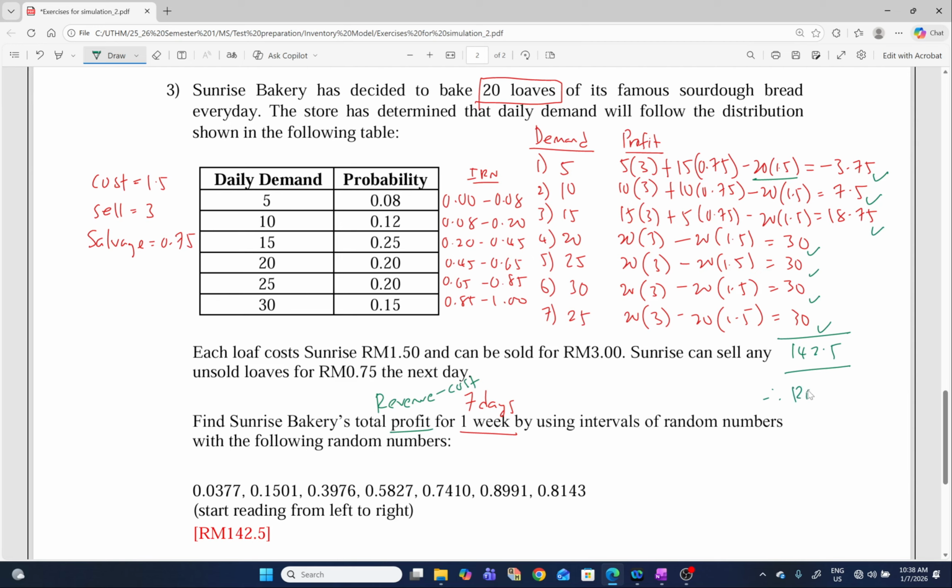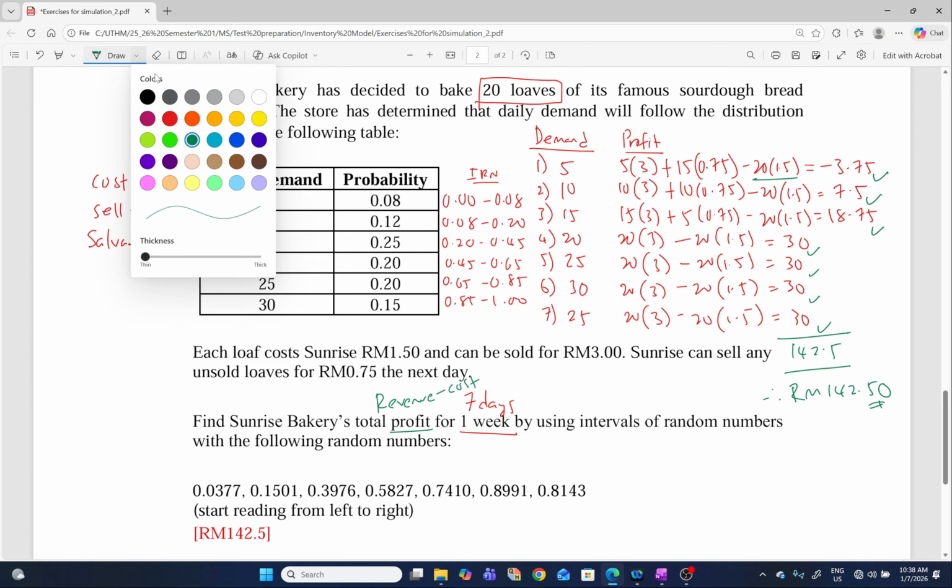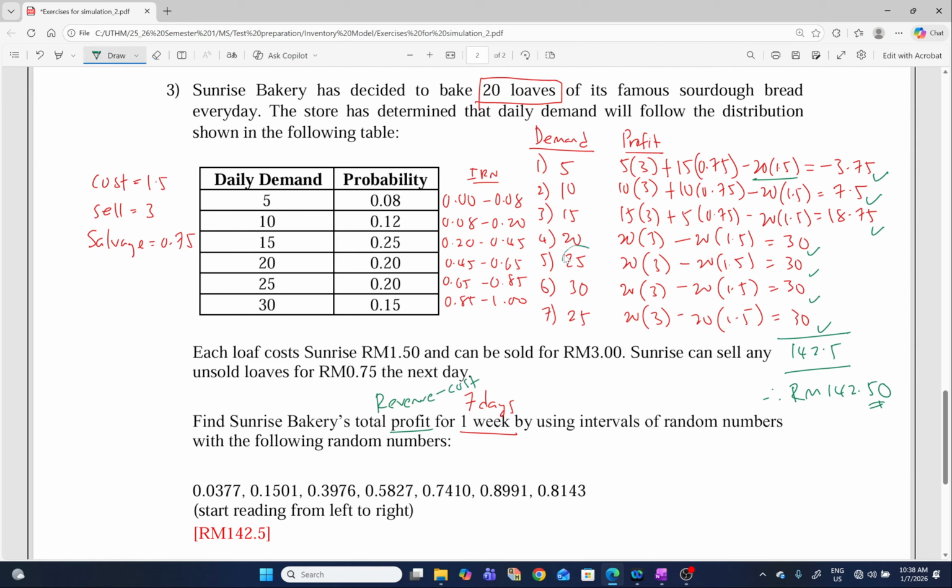So jawapannya adalah, even though I would like to write this one, even though ni 25, tapi you kena anggap yang ni adalah 20 saja.